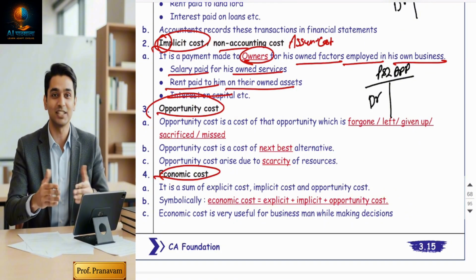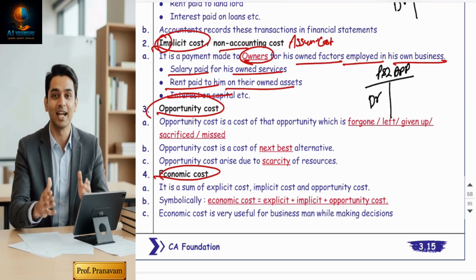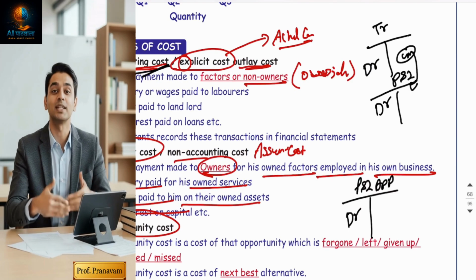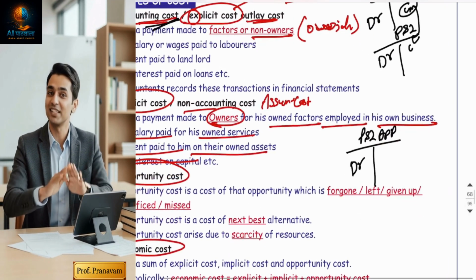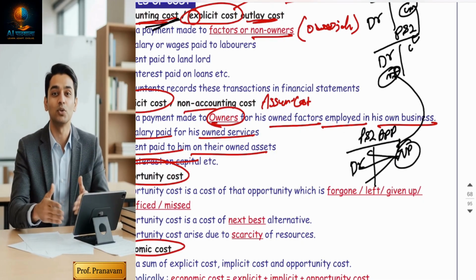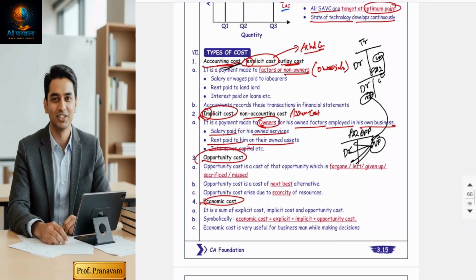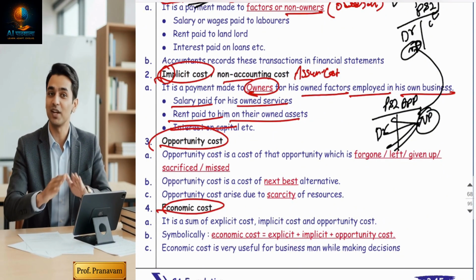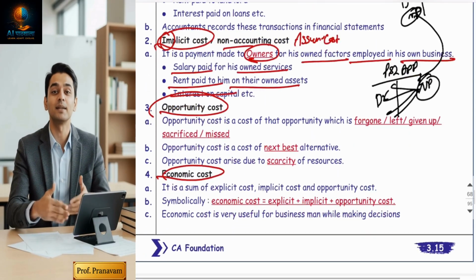That means you are not considering it as a cost. You are just distributing the net profit. From trading, you get GP and transfer it to P&L. Then you get NP, and from NP you transfer to the P&L appropriation account and distribute it in the form of salary. So it is just a distribution of profit. It is not a cost. Fine. That's why it's called implicit cost, assumed to be a cost.